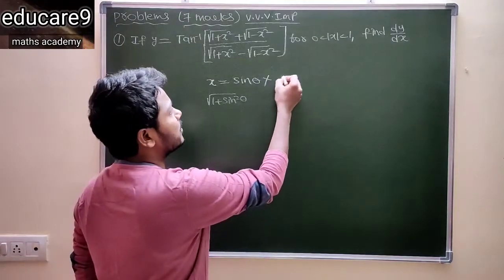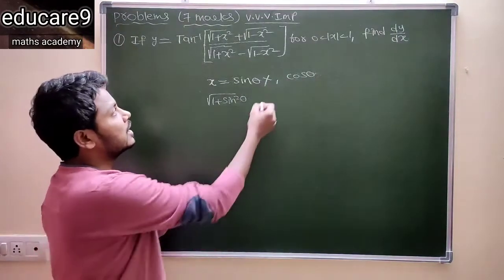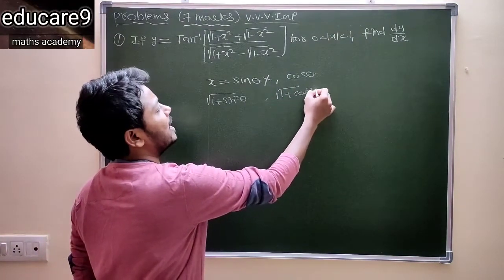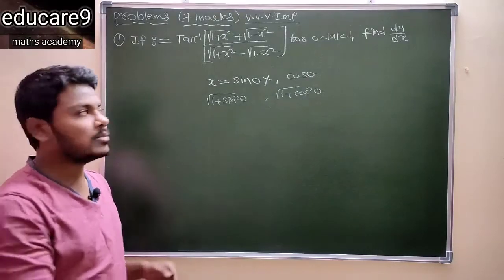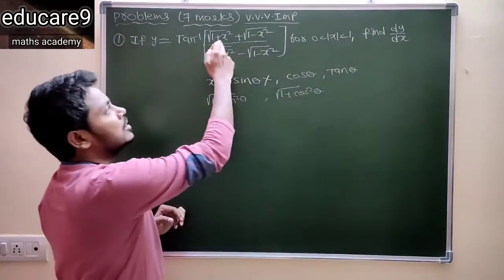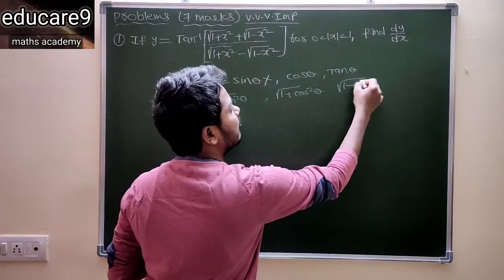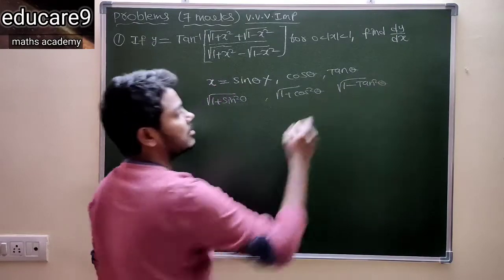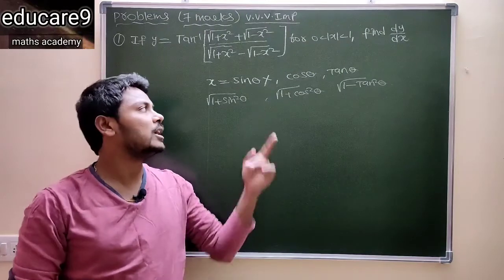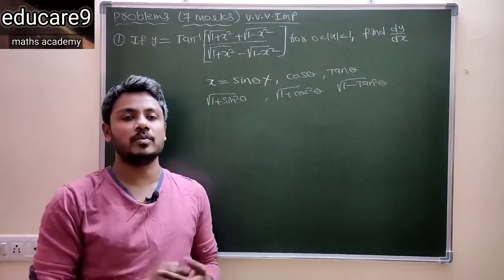If you substitute x equal to cos theta, again there is no formula for square root of 1 plus cos square theta. Similarly, substitute x equal to tan theta, there is no formula for square root of 1 minus tan square theta. Similarly cosec theta, sec theta, cot theta are also not possible.